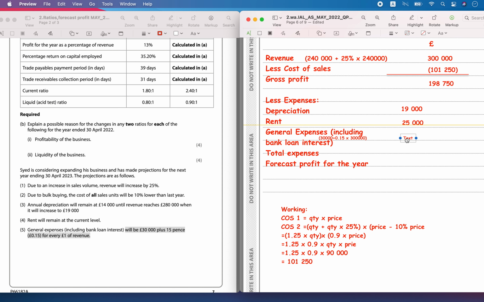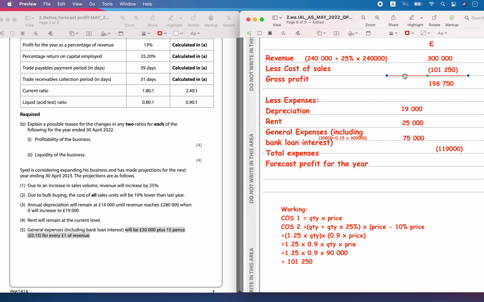So let's write that. 75,000, and then we have the total expenses. So 19 plus 25 plus 75 is going to be equal to 119,000.